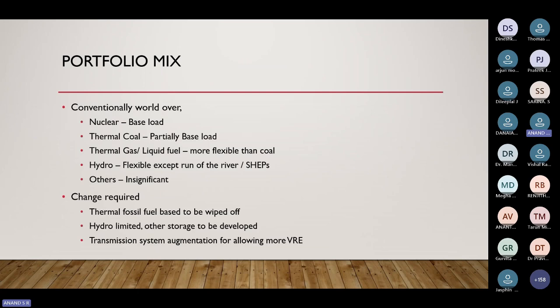The other problem is when you are going for higher generation during peak hours by installing more machines. For example, I'll come to the practical case itself. In Idukki, if you are generating continuously 780 megawatt, then even during summer, we'll be having some flooding problem in the Muvattupuzha area.